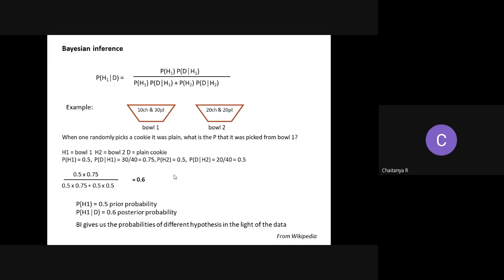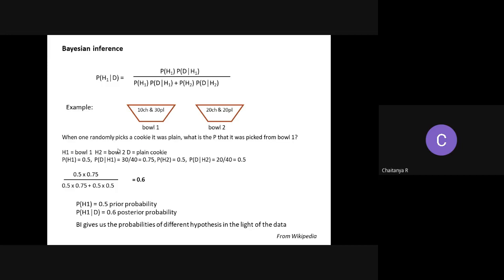So my first hypothesis is that I picked the plain cookie from bowl 1. My second hypothesis is that I picked the plain cookie from bowl 2. Simple enough. And my data here, D, is a plain cookie. Now, what is the probability that I picked the plain cookie from bowl 1?